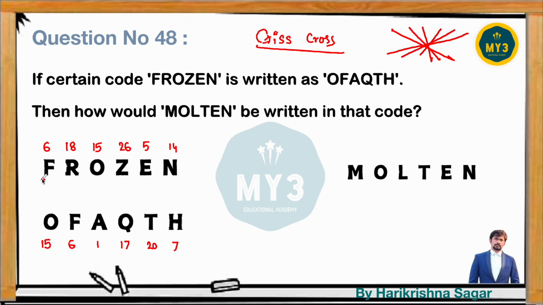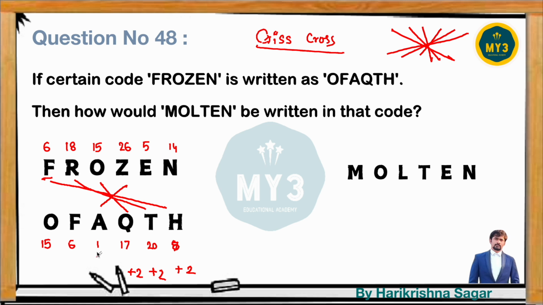Observe carefully. F plus 2 gives H, so F becomes H, an increase of 2. Similarly, R is 18, T is 20, increased by 2. O is 15, Q is 17, increased by 2. Similarly, the next 3 letters are coded like this.